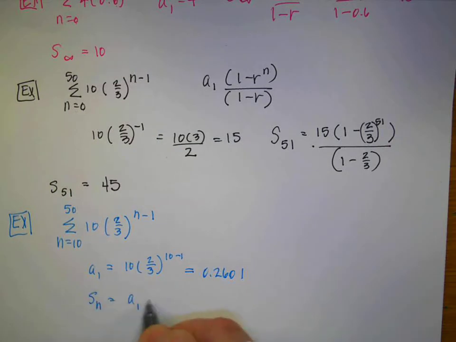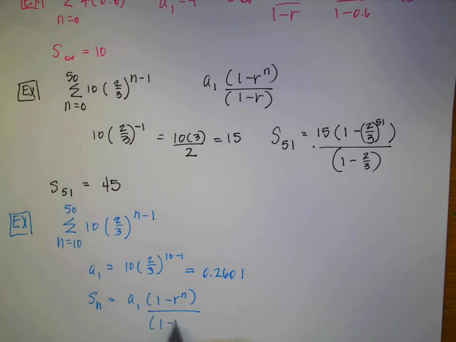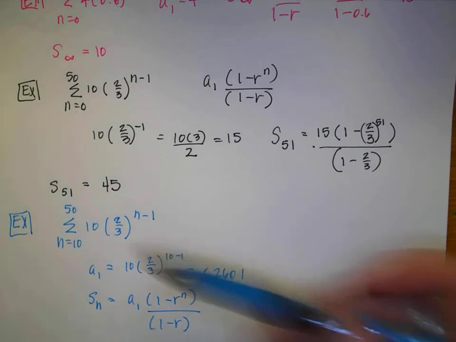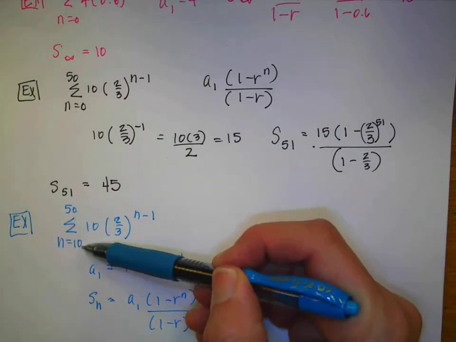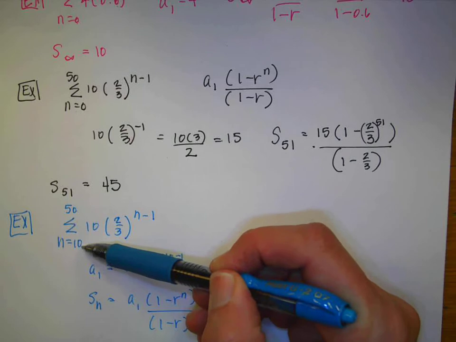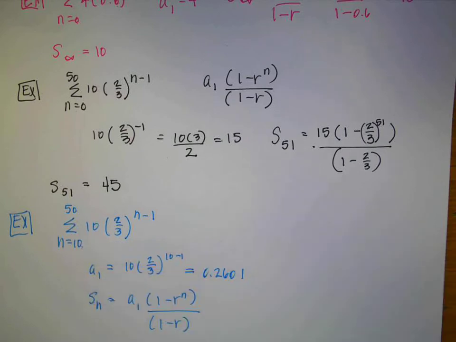0.2601. Then if I want to do my summation, it's the first term times 1 minus r raised to the n over 1 minus r. Let's talk about our n. 50 minus 10 is 40, plus 1.